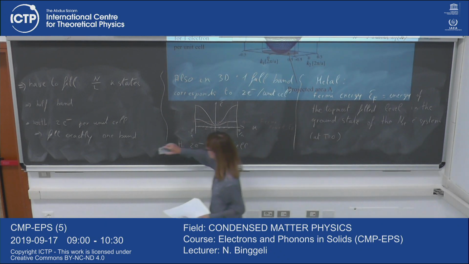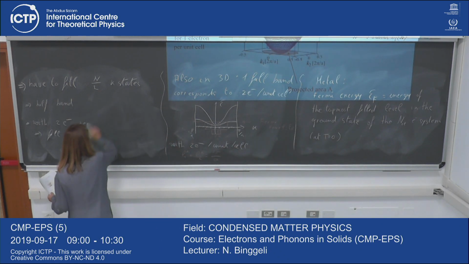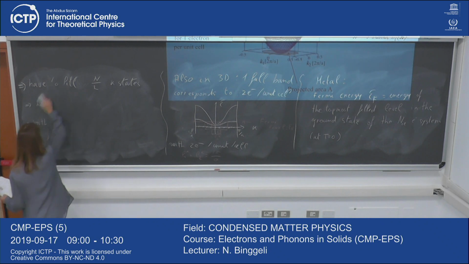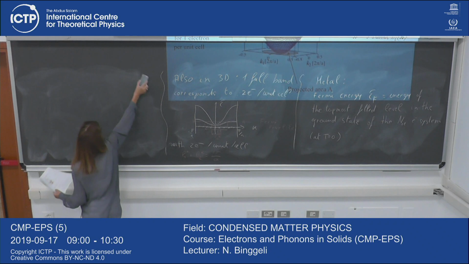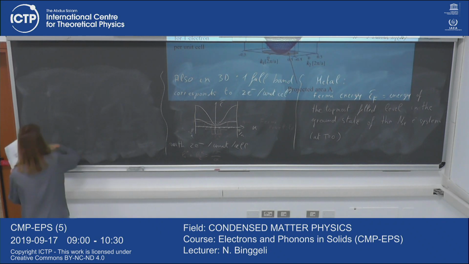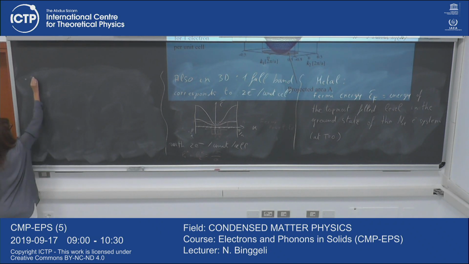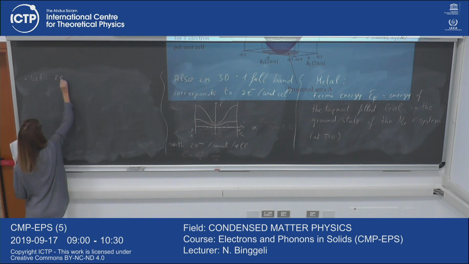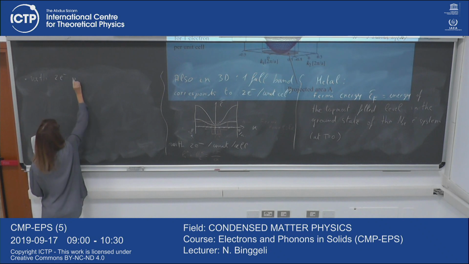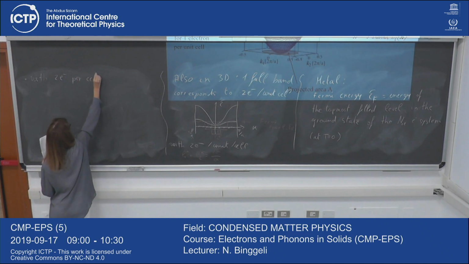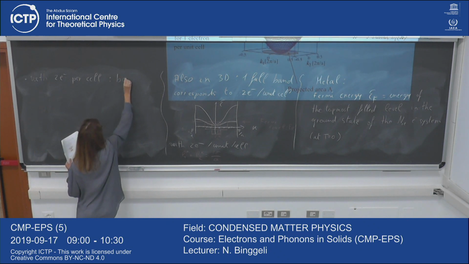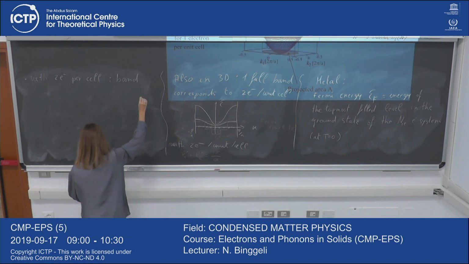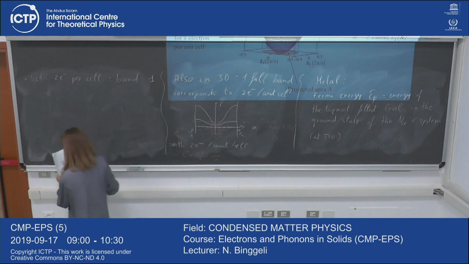So, in my 2-dimensional case, which is still drawable, with 2 electrons per cell, I have the band 1 completely filled.